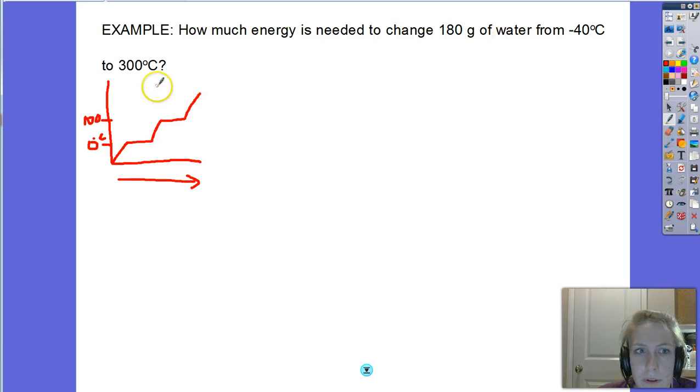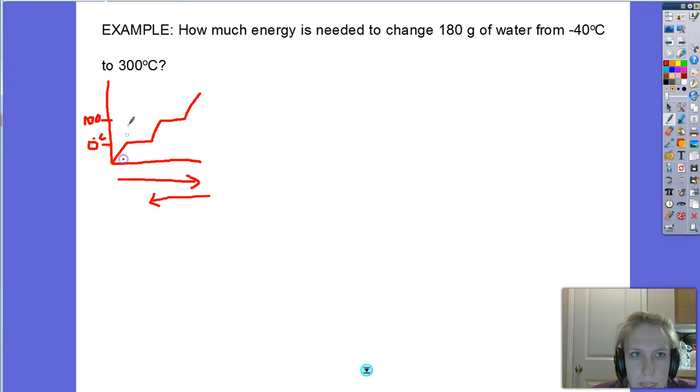Now, if it said we were going from 300 degrees Celsius to negative 40 degrees Celsius, we'd be going this direction, and we'd have to switch the signs on our molar heats of vaporization. We'd have to do that because we're not putting in that amount of energy, we're actually releasing that amount of energy. So direction matters, signs matter, and you'll see more as we practice.